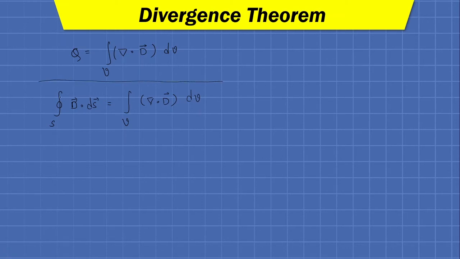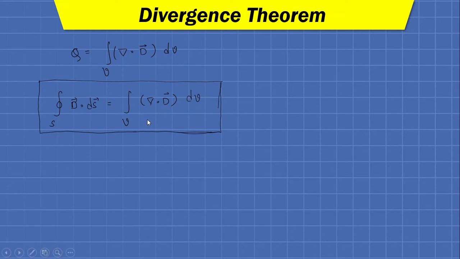As you can see, the divergence theorem is actually converting the surface integration into the volume integration. On the left hand side we have the surface integration, on the right hand side we have the volume integration.